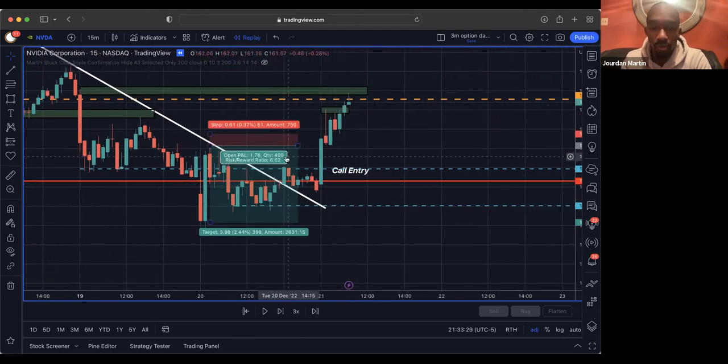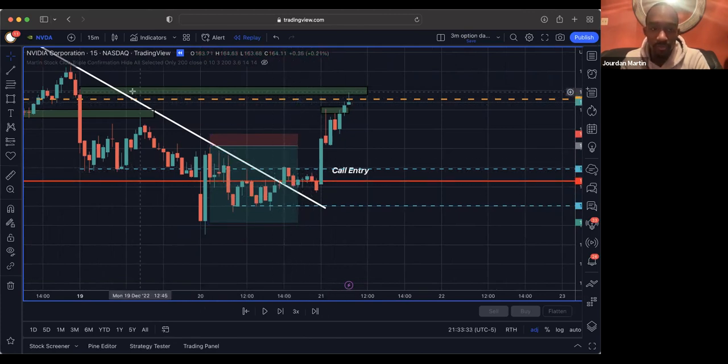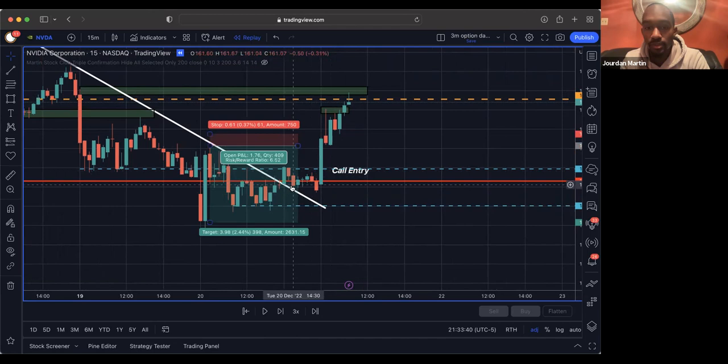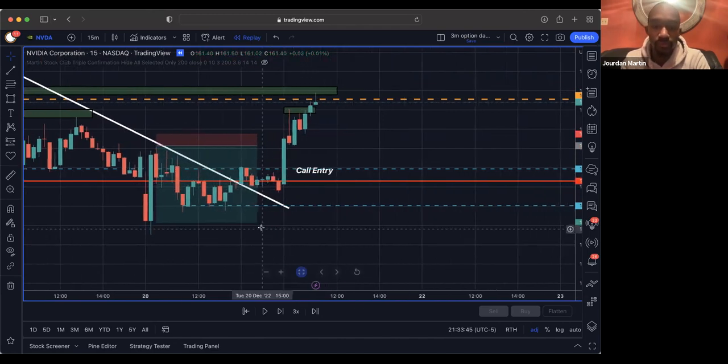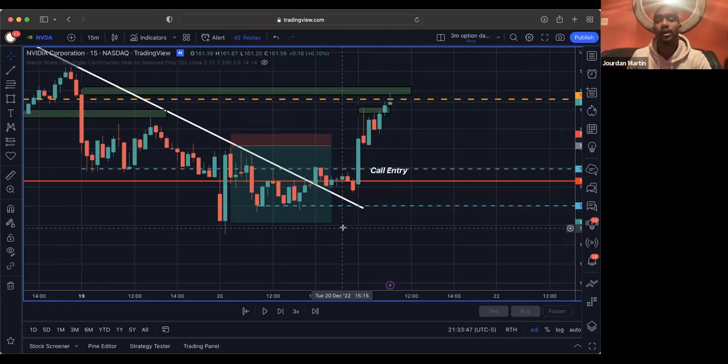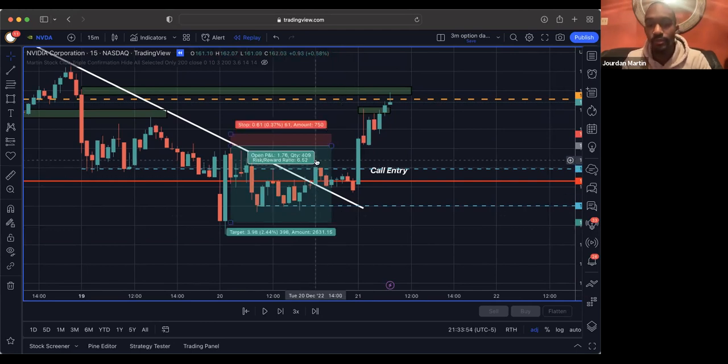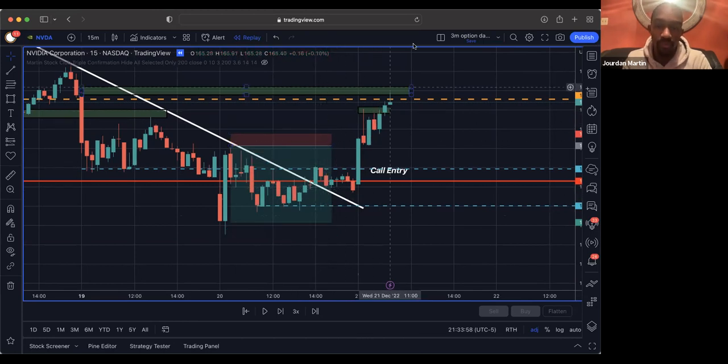So you broke out, came back, you took your calls, targeting up here, the previous resistance, and what you see is you pull back again. Here's your pullback to test the trend line. This is what it means when you see a pullback retest. I know I say it a lot: breakout, pullback, retest, continuation, right? You broke out of the trend line, pulled back and retested it, then rejected it and continued back up. We have our trend reversal here, right?